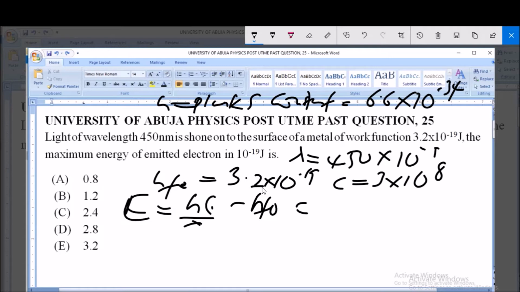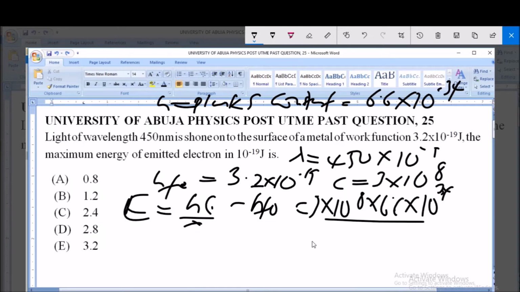So we have that E equals 3 times 10 raised to the power of 8 multiplied by 6.6 times 10 raised to the power of minus 34, that is our Planck's constant, divided by our wavelength, which I explained was 450 times 10 raised to the power of minus 9.